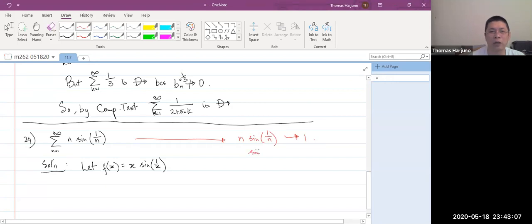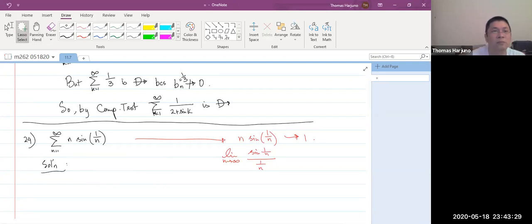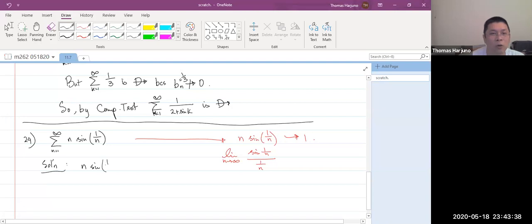Because if I rewrite it as this, limit as n goes to infinity... actually, I don't need that. Actually, I'm working too hard. My bad. This is all I need to say, actually. Limit of n sine 1 over n. I thought I needed to do L'Hopital's rule, but it turns out I don't need to. So this is sine 1 over n over 1 over n.